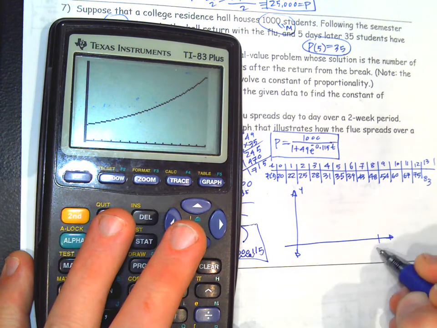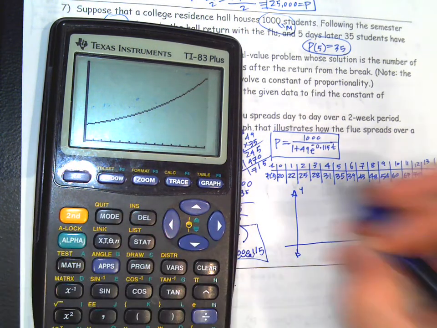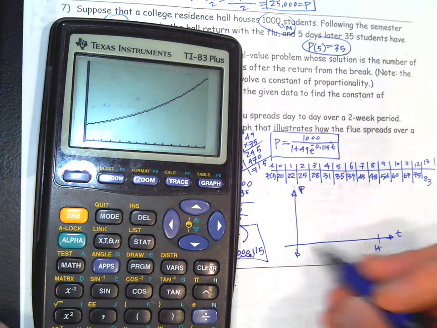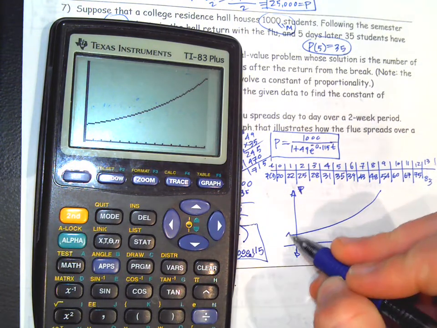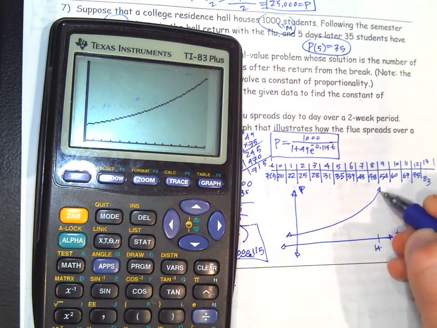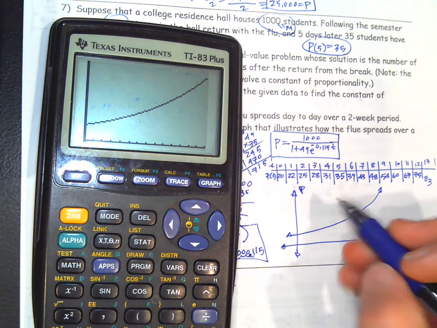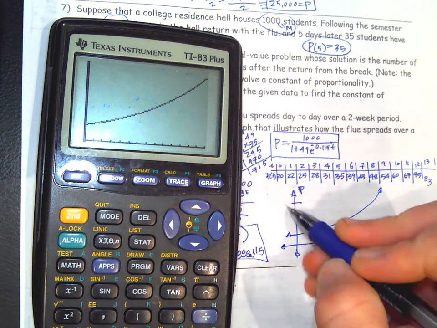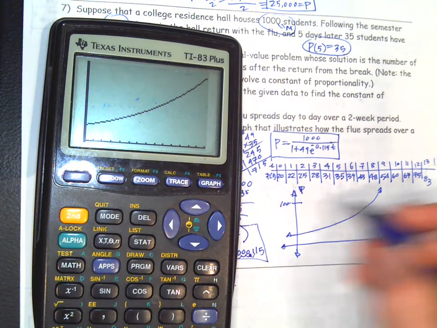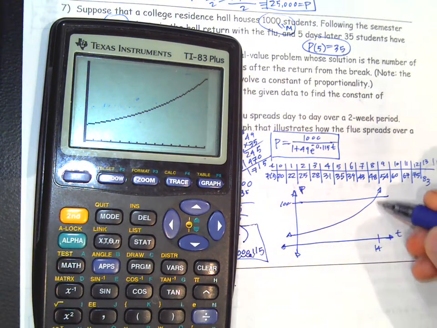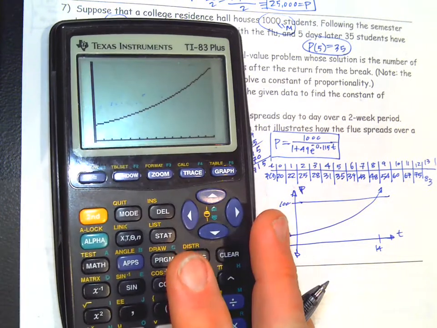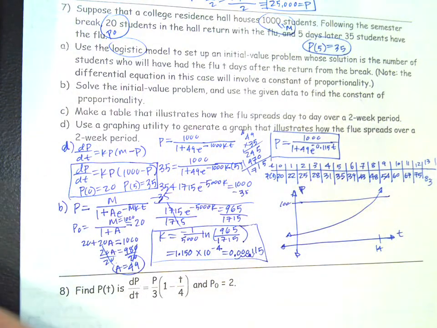And it looks like this. So we're up to about 100 there. So there you go. Okay.